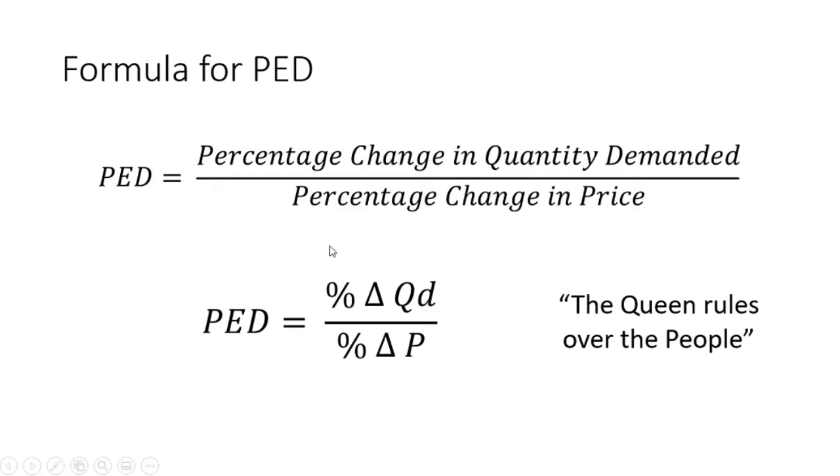You can use formulas and say that PED is the percentage delta triangle, which means change, in QD, quantity demanded, over percentage delta triangle, which means change in price. A silly way that I think about it is to say that the Queen rules over the people. Because if you remember that, you can always remember that Q goes over P.